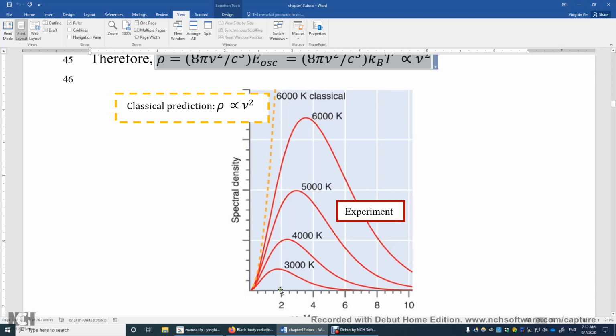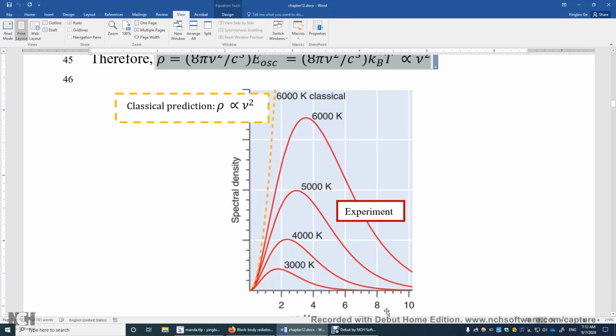What do you think? Well, they do match at the beginning when the frequency is low. So maybe from here to here, the theoretical prediction matches the experimental data very well. But then as the frequency goes up, you can see the deviation increases as well.